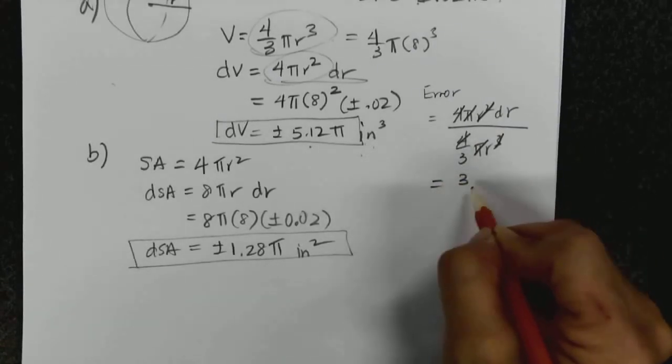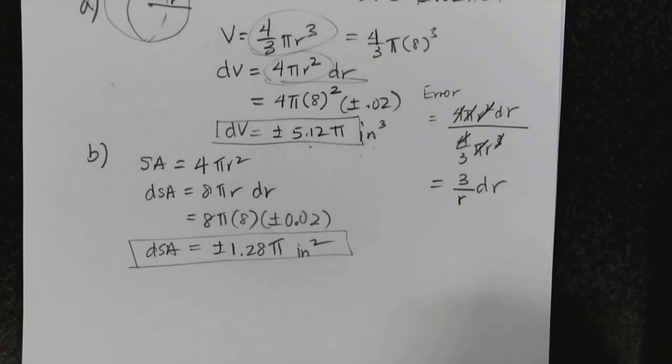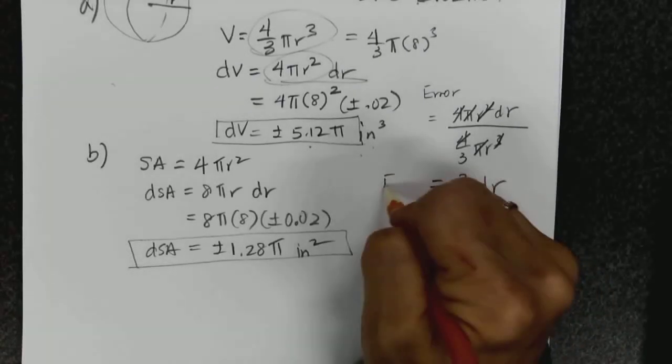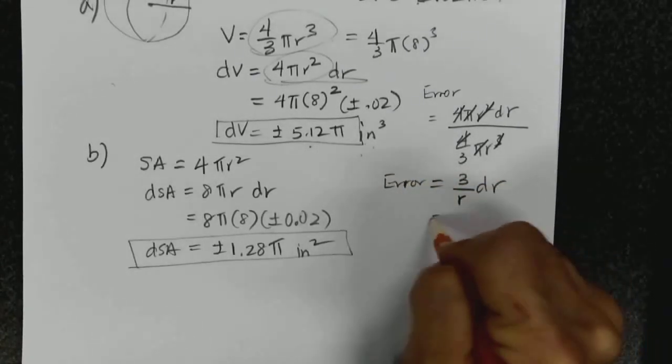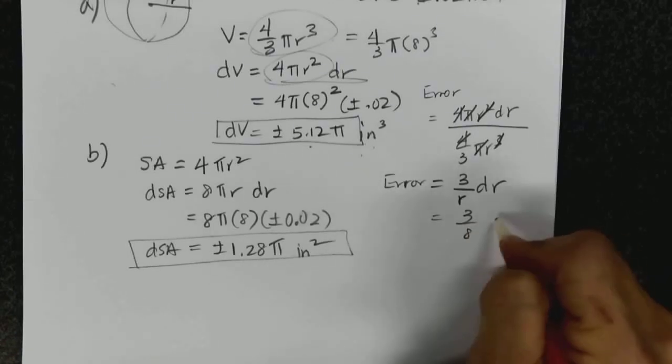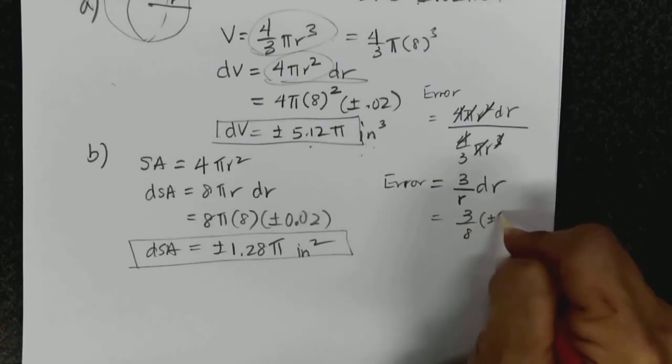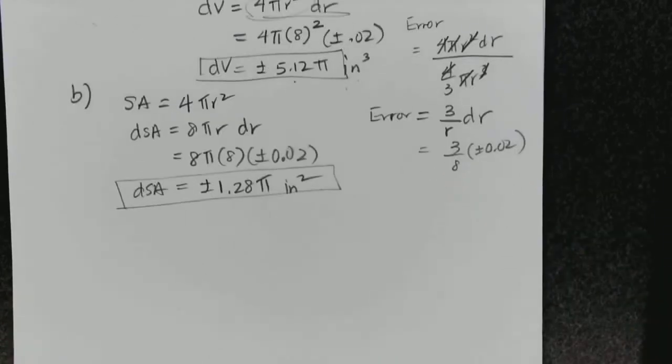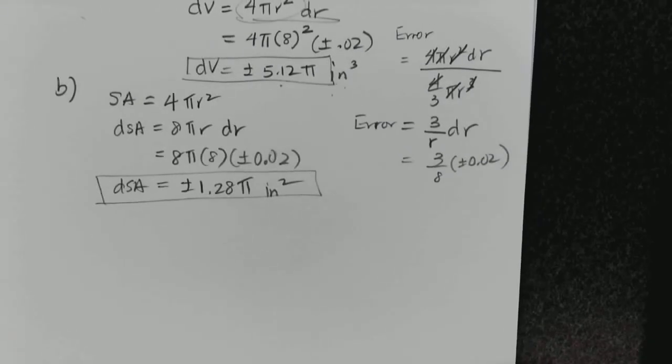So this will be 3 over r dr, my error. So this will be 3 divided by 8 times plus or minus 0.02. That would be my error. So 3 divided by 8 times 0.02.